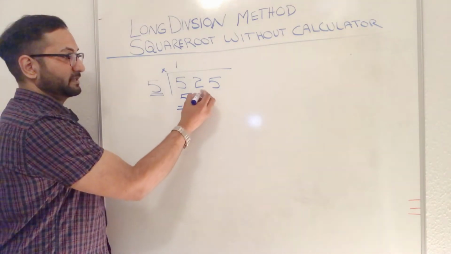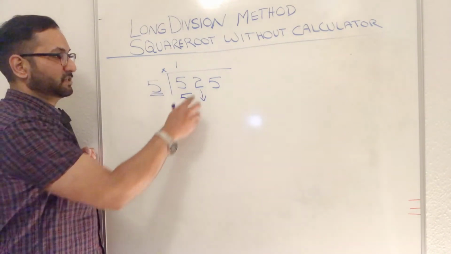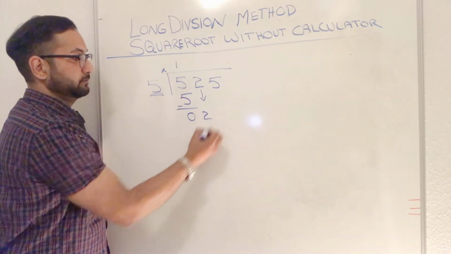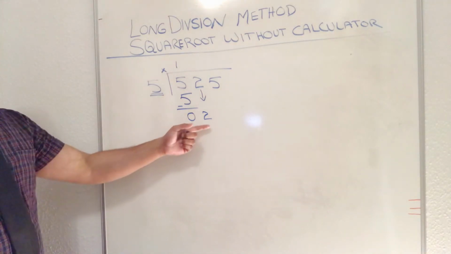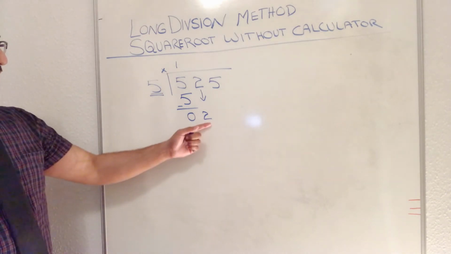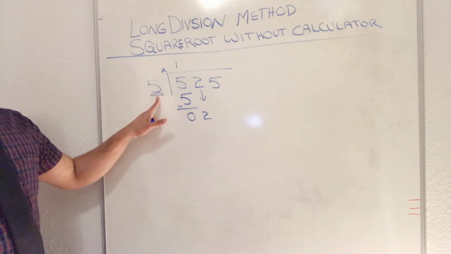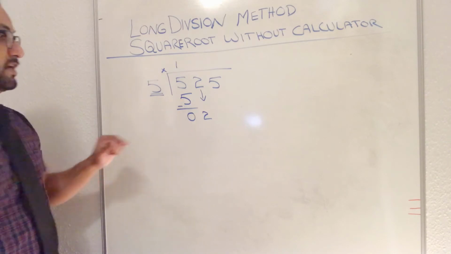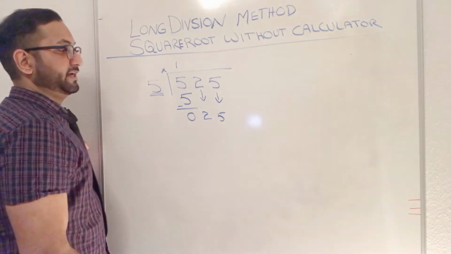But what about the remaining numbers? The next number is in the tens place, so we have to bring that number down. So now we have 02, and 0 doesn't count, so we only have the number 2. Is 2 bigger or smaller than 5? 2 is smaller, so we cannot divide 2 by 5. So we need to bring another number down, which makes 25.